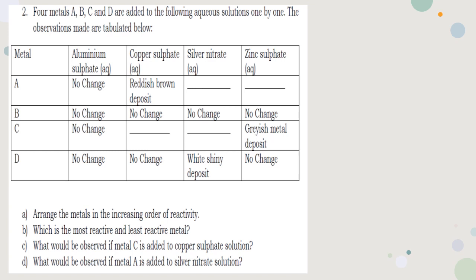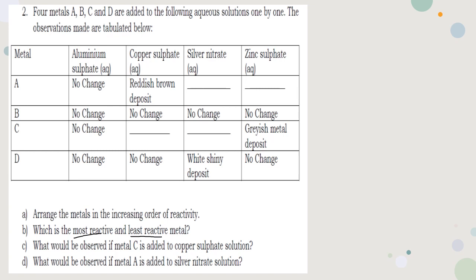We have a similar question here. As mentioned earlier, the metals here are the same as mentioned in the salt solutions. So let's begin. Let's analyze this table to find out the answers. The most reactive and the least reactive metal.